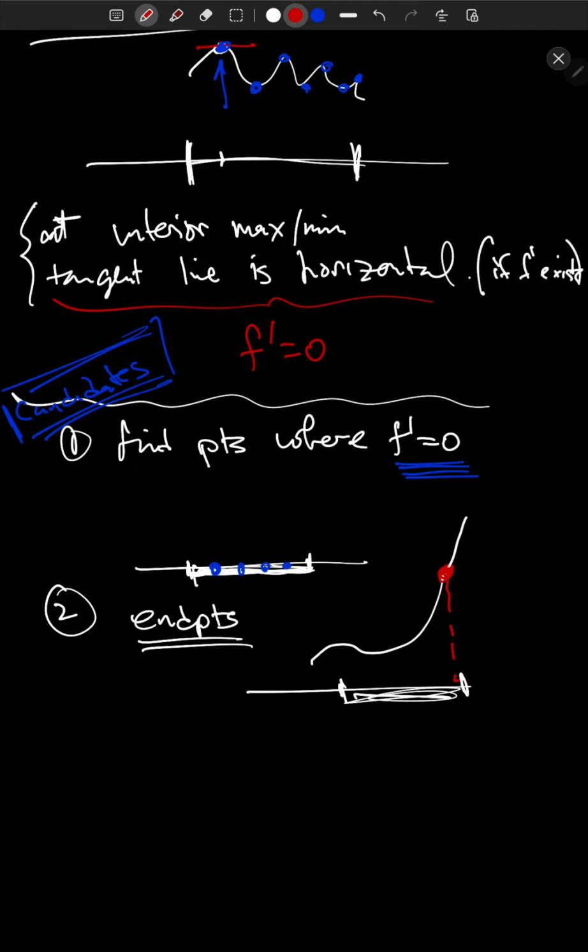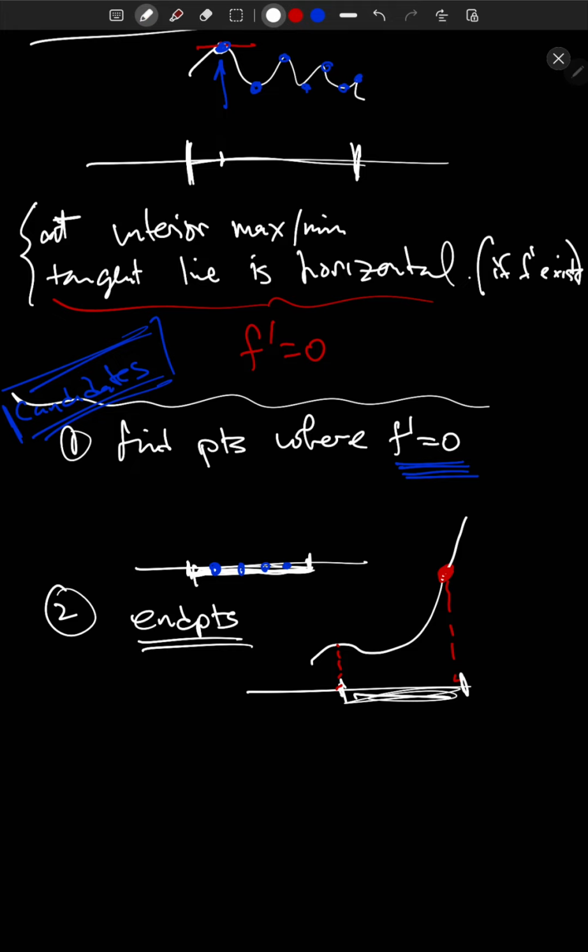So calculus, in a way, we can maybe say it like this: calculus can only capture absolute max and mins when they're in the interior of your region. All right. Okay, so that's why we need this separate point, number 2 here.